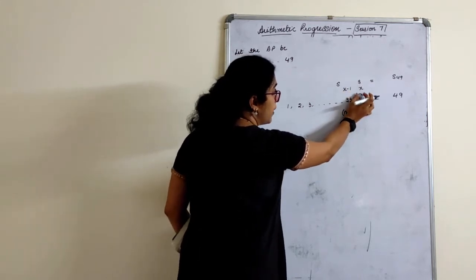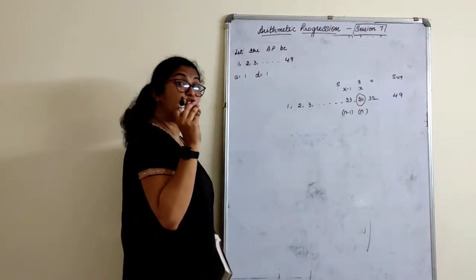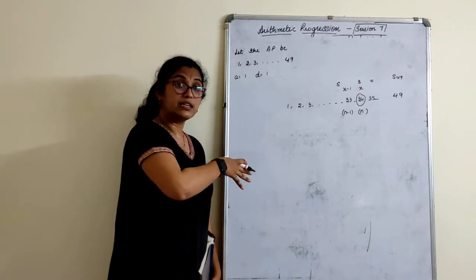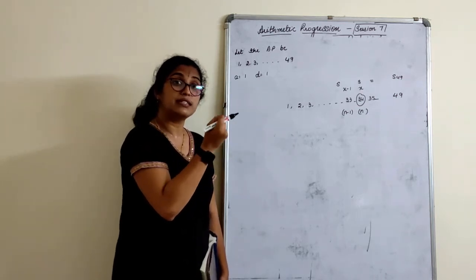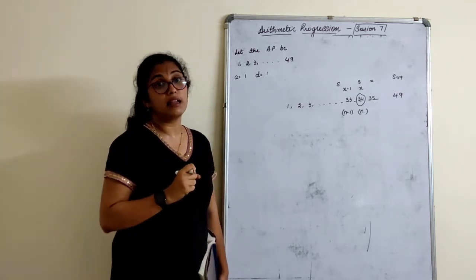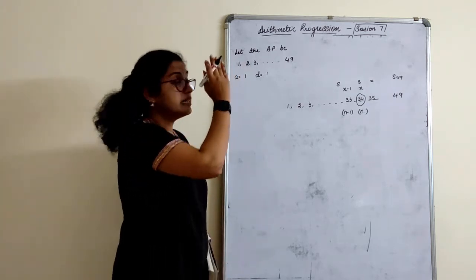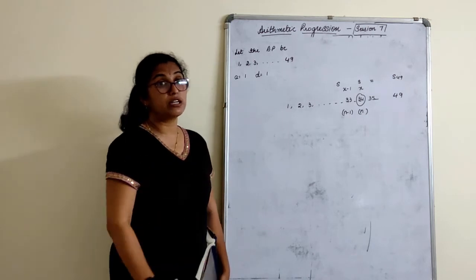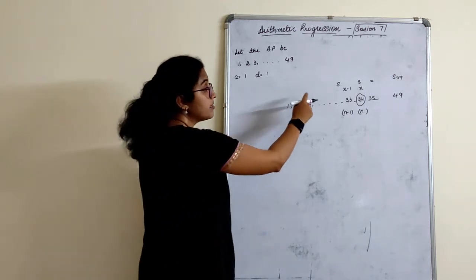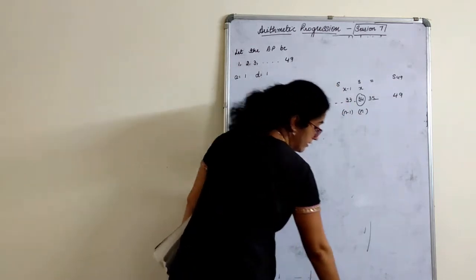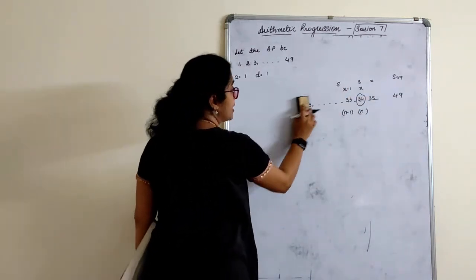If I consider one in between house, which is x, and the preceding house as x minus 1, of course, if I add those sums, I get the sum of the total number of houses. That is nothing but S49, because there are total 49 houses. 1 to 49 number means 49 houses. So that is the concept they have given here. Is this very clear what I have explained?